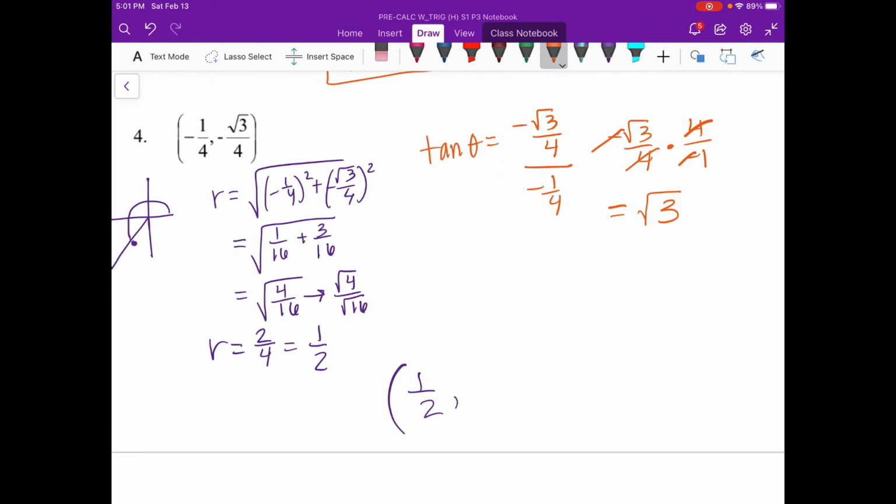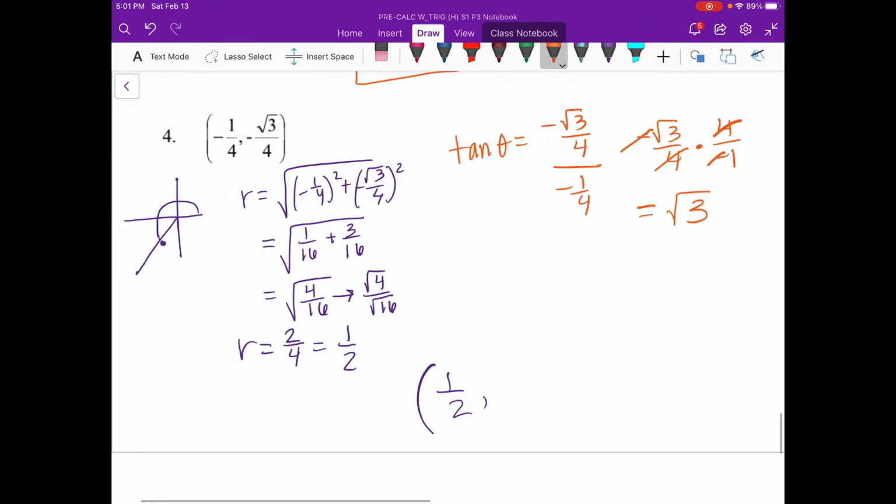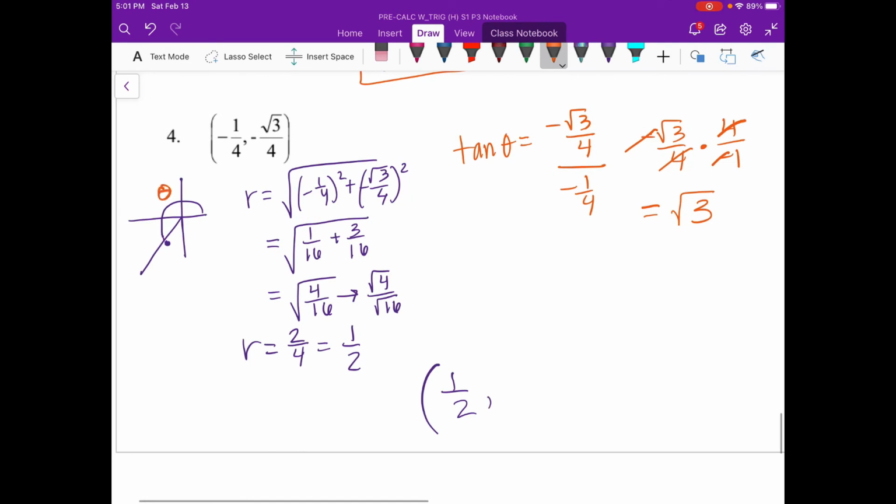Now, you just need to know where in the unit circle this is going to happen. The positive tangent happens in quadrant 1 and quadrant 3, which is where I want my theta to be, so that's good. And then think about which reference angle gives tangent equal to square root of 3, okay? And that's going to be the pi/3 reference angle, but in quadrant 3 this time.